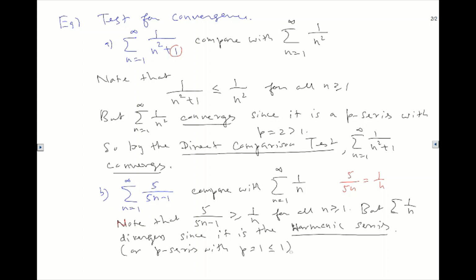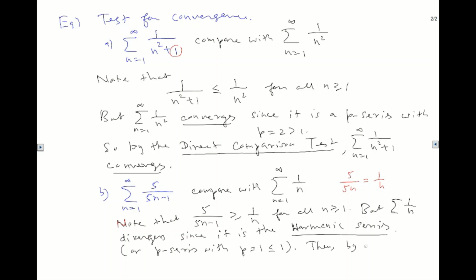So we know that a p series is going to diverge if p is less than or equal to 1. So you can see that the smaller one diverges, so the larger one has to diverge according to part B of the direct comparison test.